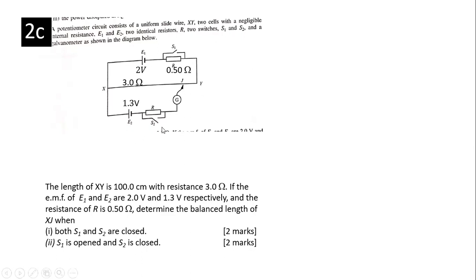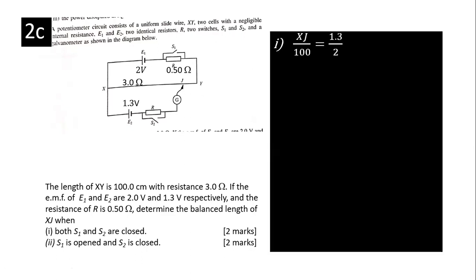So yeah, both S1 and S2 open. 1.3 divided by 2 equals current of XJ over 100. Cannot do it like that. Right? Yeah, that's what I said, sir. XJ over 100, 1.3.